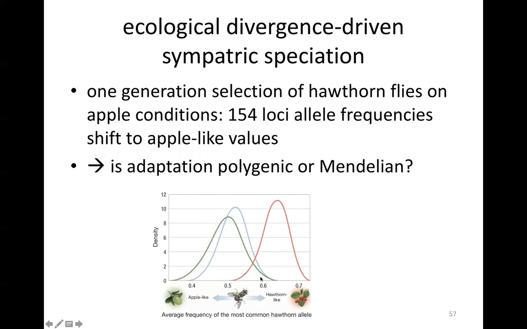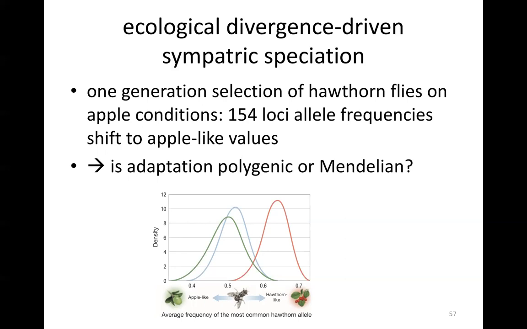Apple population allele frequencies are shown in green. Pink shows the hawthorn-like frequencies. So they basically shifted from this pink curve to the blue curve in one generation, which is pretty amazing.